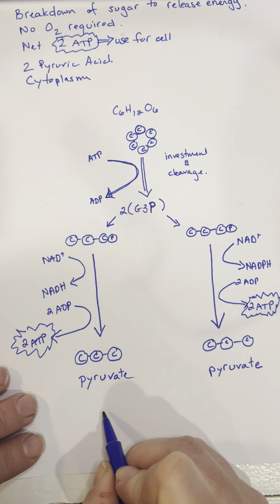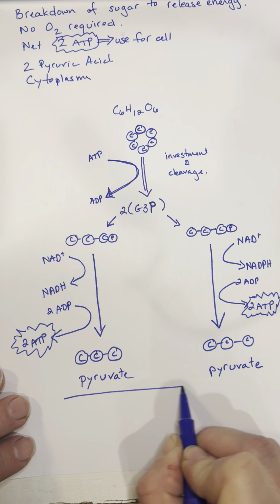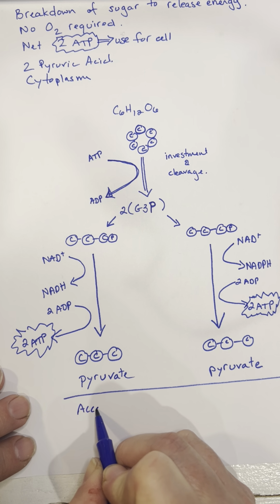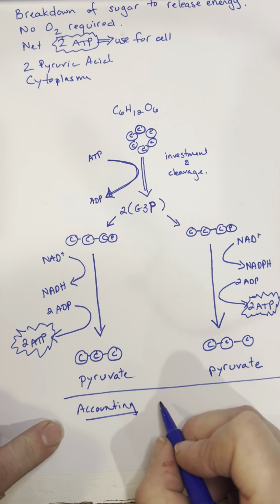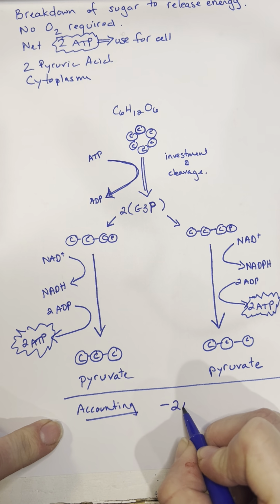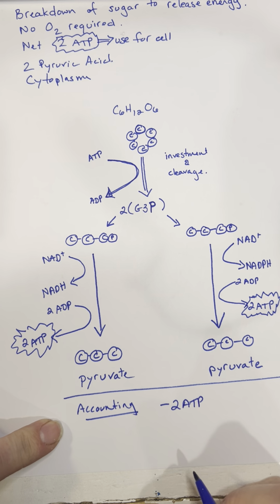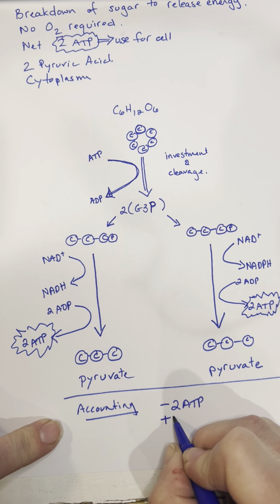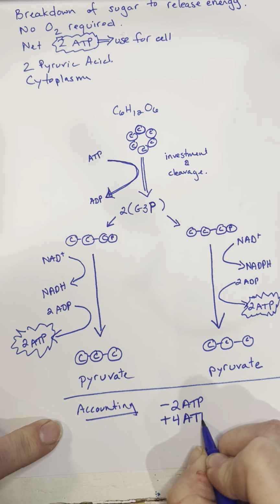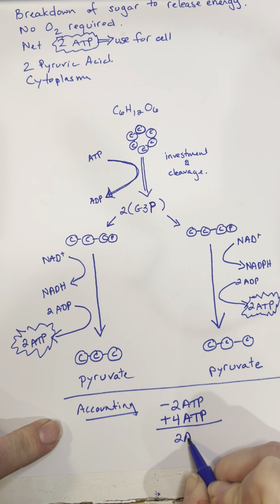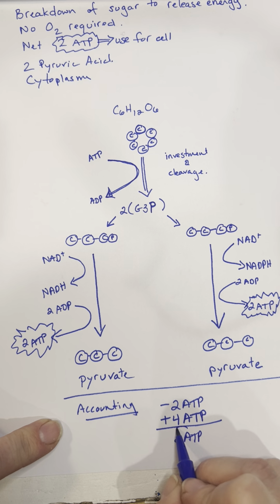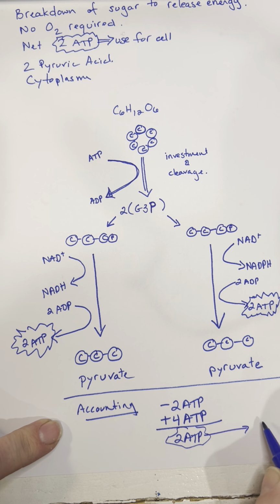So let's just do our accounting here at the end, accounting of our glycolysis process. The accounting is that we invested 2 ATP, right? So that's a negative. But then we made 4 ATP. So we are left over with 2 ATP that can be used by the cell.